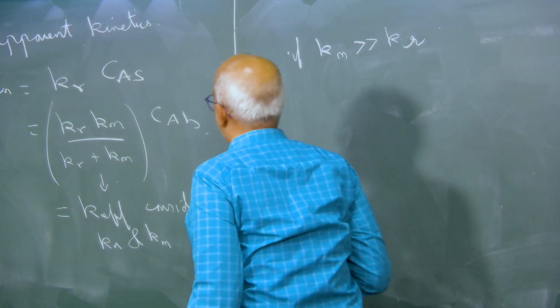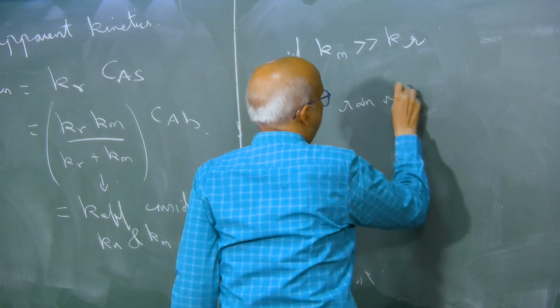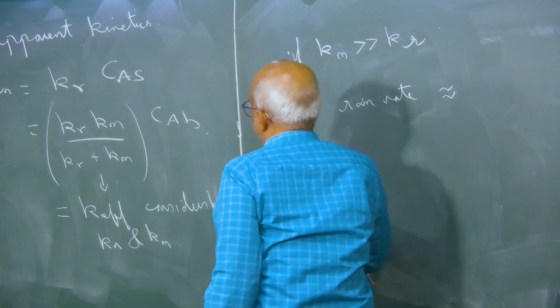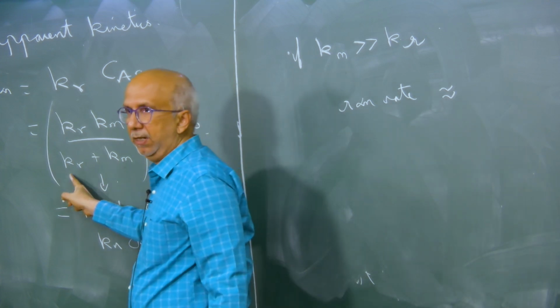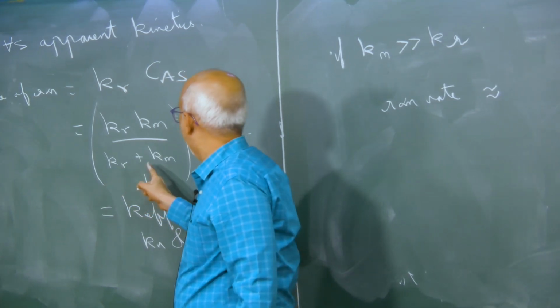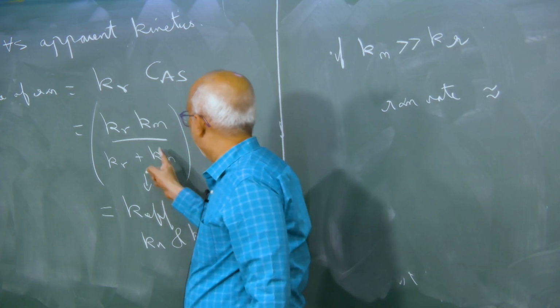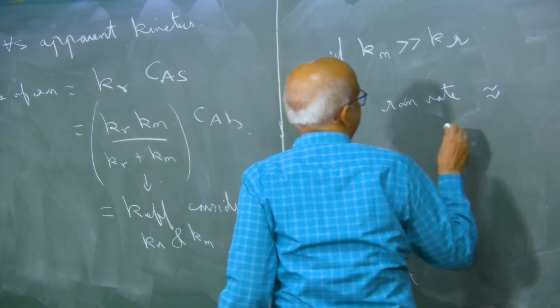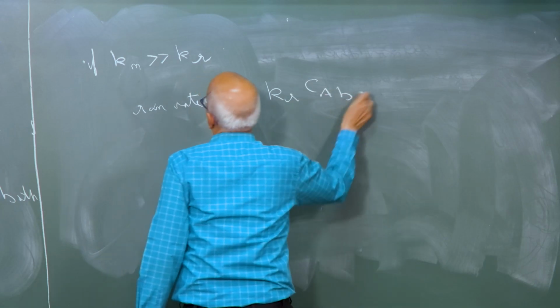Km is much more than Kr, then the reaction rate can be approximated as, because now Km is much more than Kr, I can neglect Kr in the denominator, okay, and I will keep only Km here, and this Km will cancel with this Km, and the reaction rate will be approximately Kr times CAB.